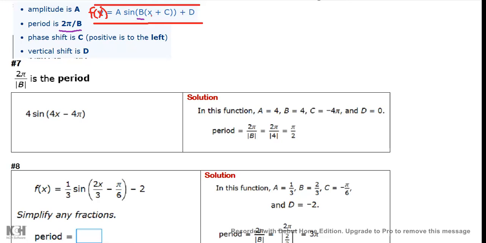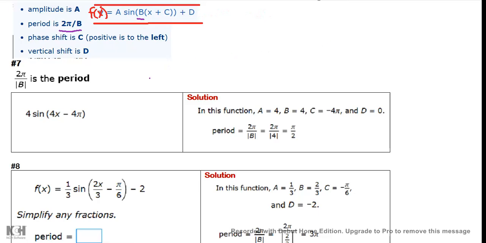The number that is hanging out with the x coefficient, that's your B position. C is added or subtracted to the x variable. And then outside the parentheses over here, you've got the D number. So you just need to be able to identify those.